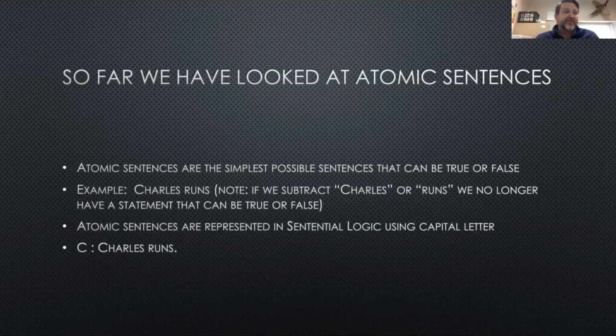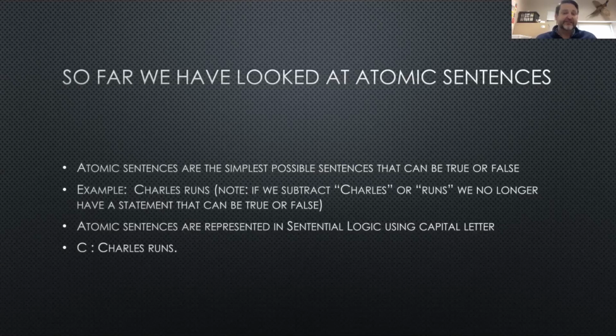The basic thought here is that an atomic sentence consists of a single verb and however many objects that verb takes. So in the case of an intransitive verb, such as runs, you just need the subject for that verb. So you can have Charles runs, the subject and the verb. In the case of a transitive verb like hits, you would need subject and direct objects.